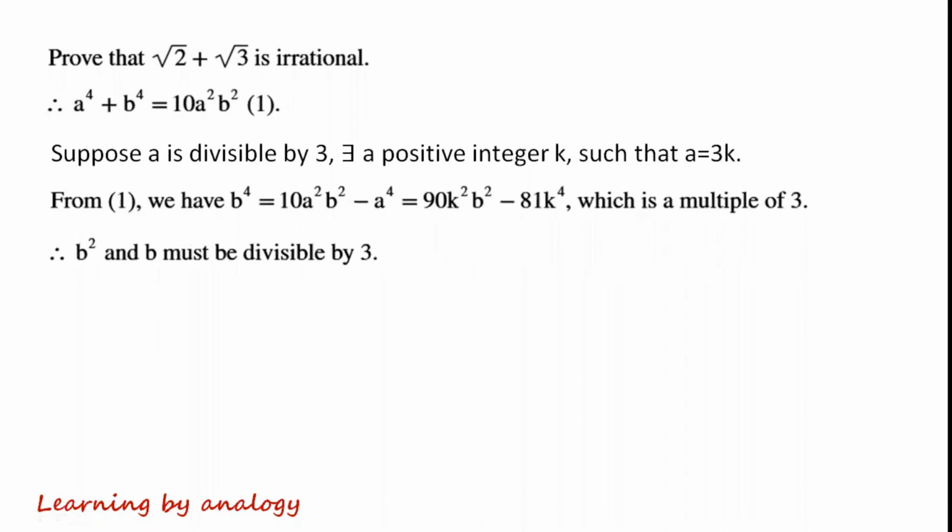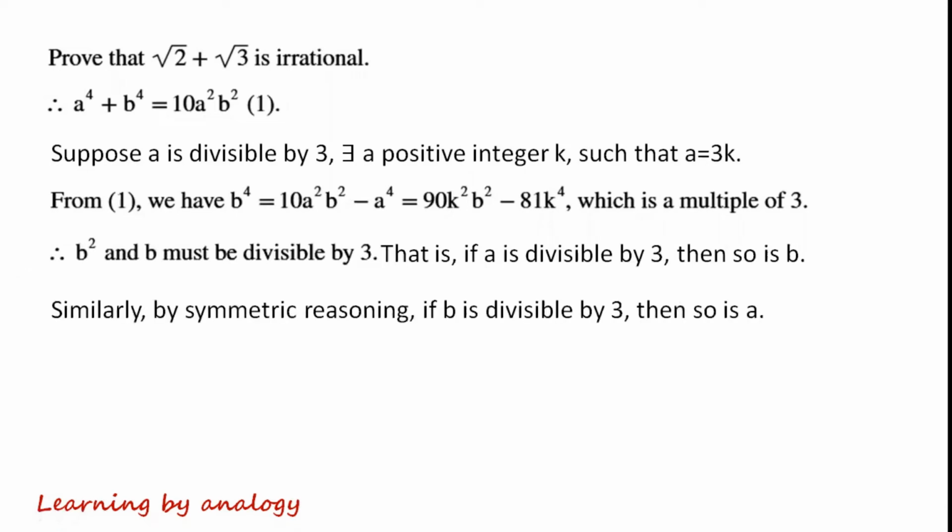So b squared and b must be divisible by 3. That is, if a is divisible by 3, then so is b, and vice versa, by symmetric reasoning.